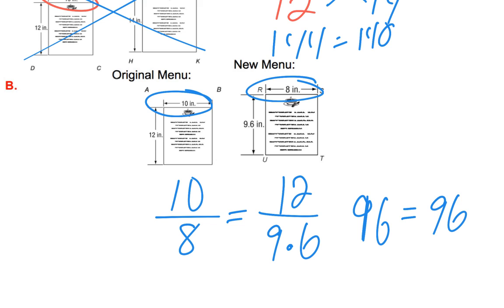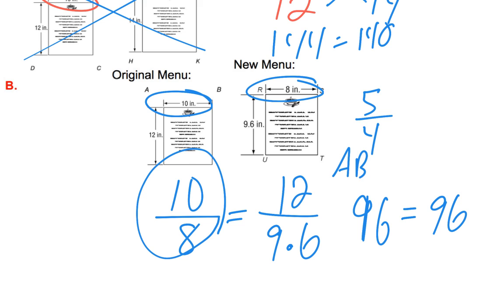So are they similar? Yes. The scale factor then is this reduced. So that's going to be 5/4. And the similarity statement would be ABCD. There should be a C and a D down here. It got cut off. ABCD is similar to RSTU. Okay?